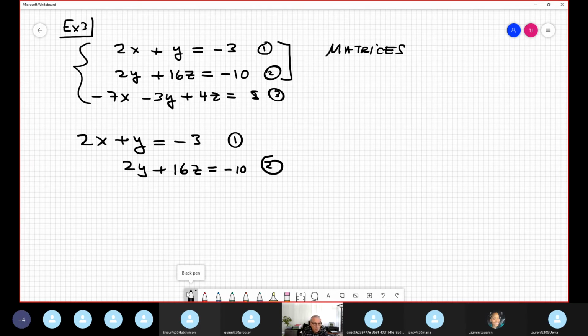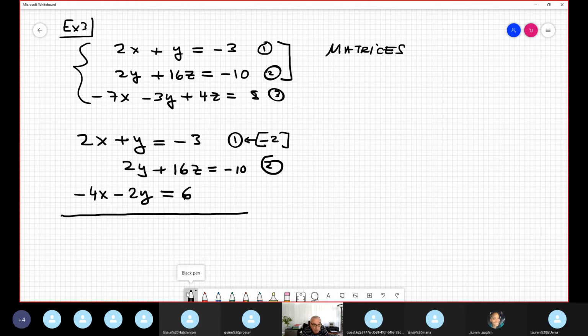Now, in order to eliminate, for example, the y, the strategy I planned was to multiply equation 1 by negative 2. Because when you multiply by negative 2, it's negative 4x, and negative 2y equals 6 positive.